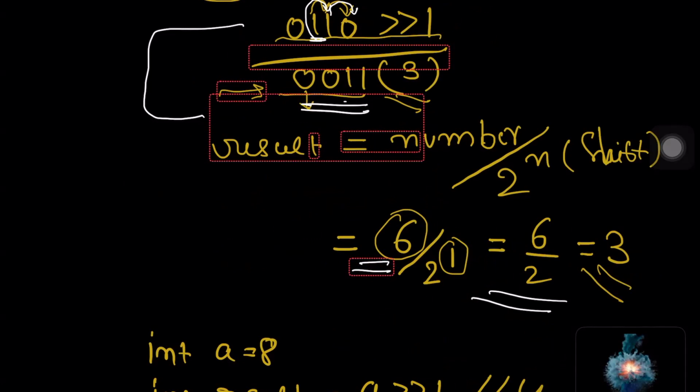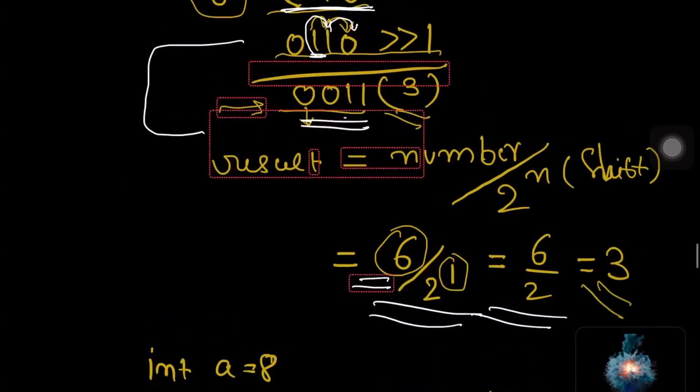You can quickly say 8 divided by 2 to the power of 2, so 2 to the power of 2 is 4, and 8 divided by 4 gives you 2. But if you go with bit shifting, it will take time. So this is the formula for that.